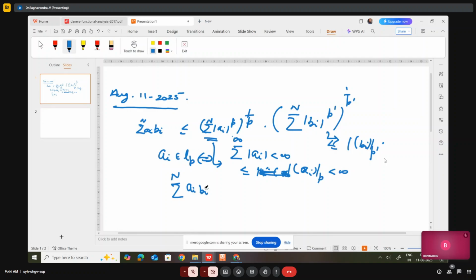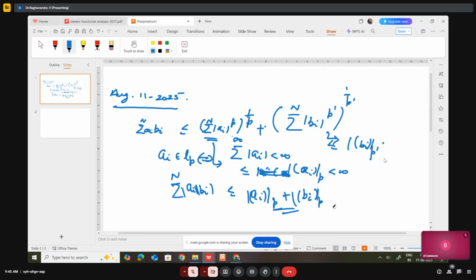You can take a_i to be positive. That will be less than or equal to the p-th norm of the sequence a_i plus the p prime norm of b_i.